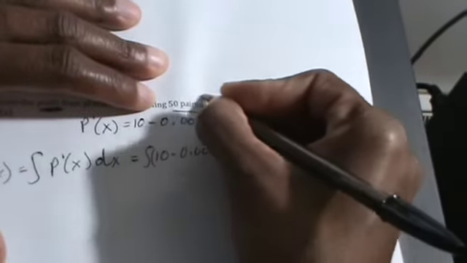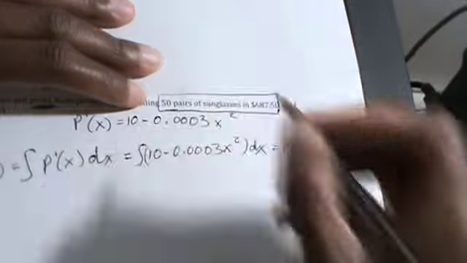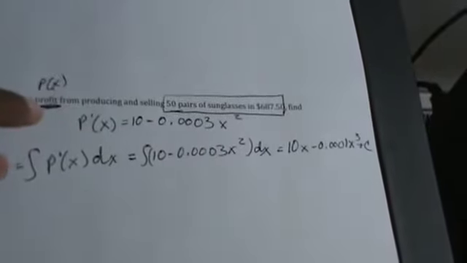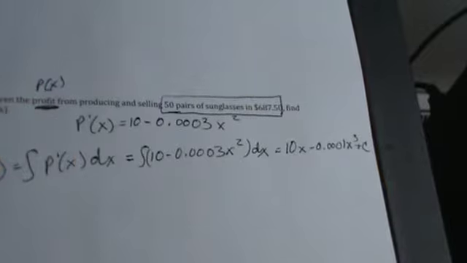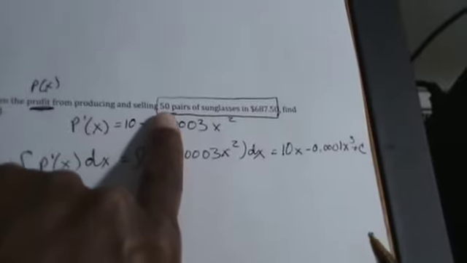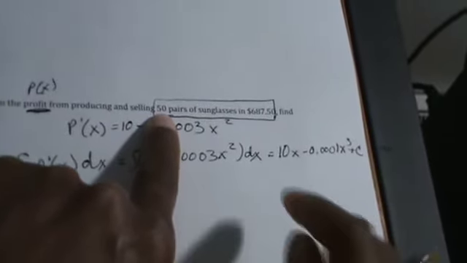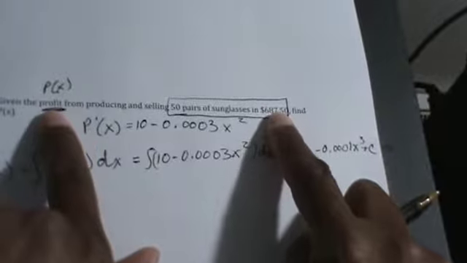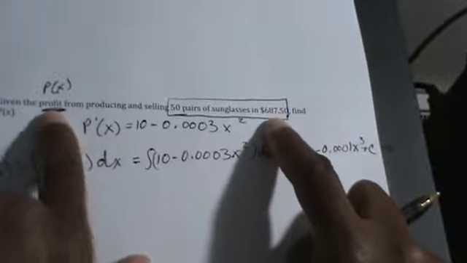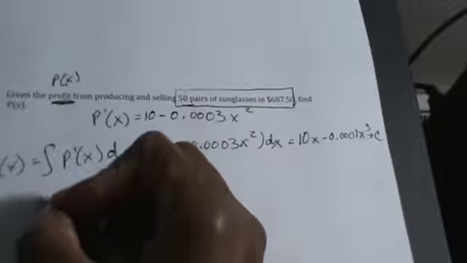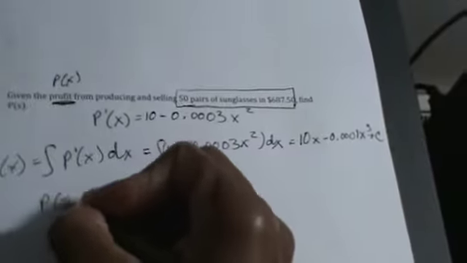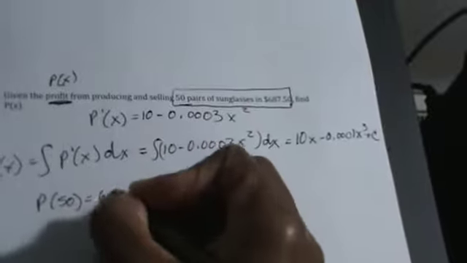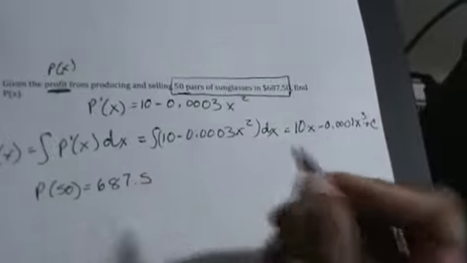All right, so your question probably is, where do we go from there? Look at this information right here. This looks very much like an initial condition, right? So this goes back to that video where I said, how do you find C? Look what they've given you. They said if you have 50 pairs of sunglasses, then the profit is 687.5. So they've told you that P of 50 equals 687.5, right?